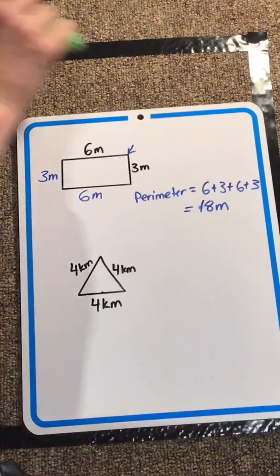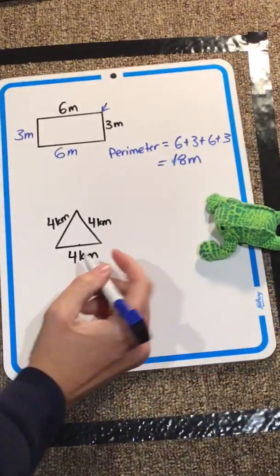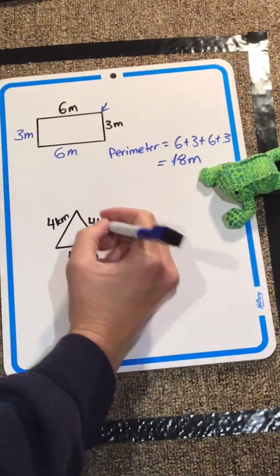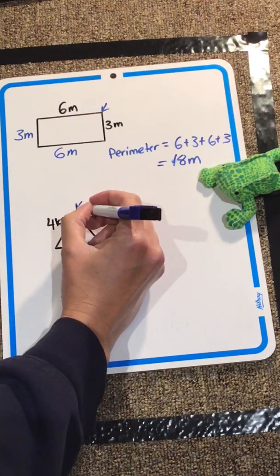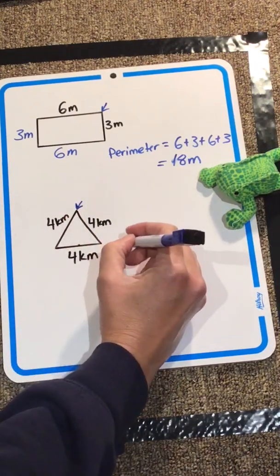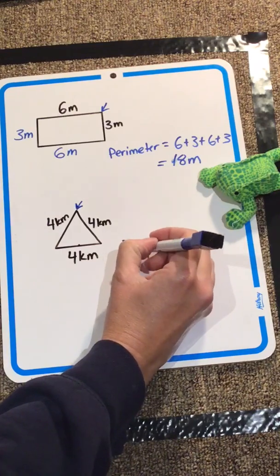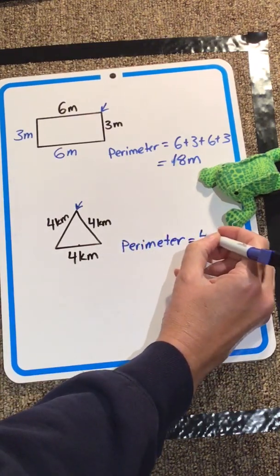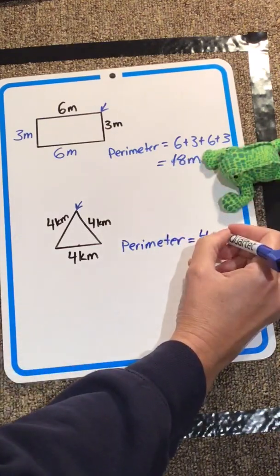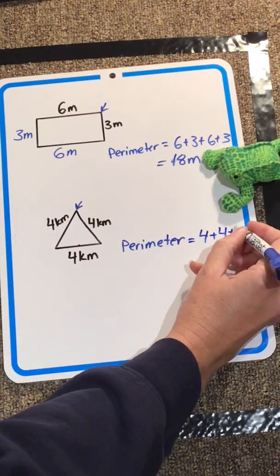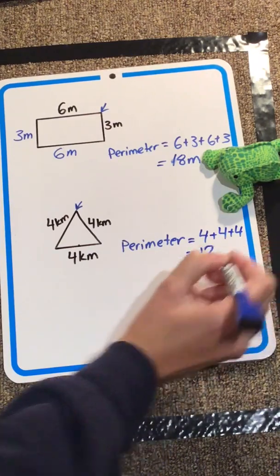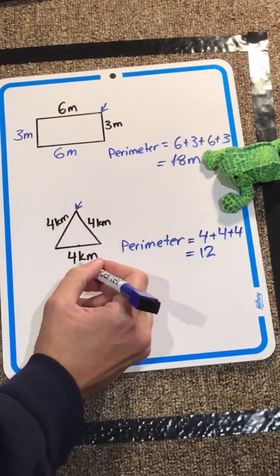All right, so let's take a look at this triangle version. Okay, so again, the perimeter is just the distance around, so we have a starting point. In this case, it's going to be 4, sorry, little froggy, plus 4, plus 4, which is the same thing as saying 12, and then it can't just be plain old 12, we've got to add the units.